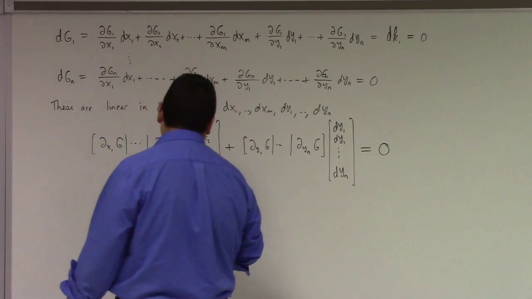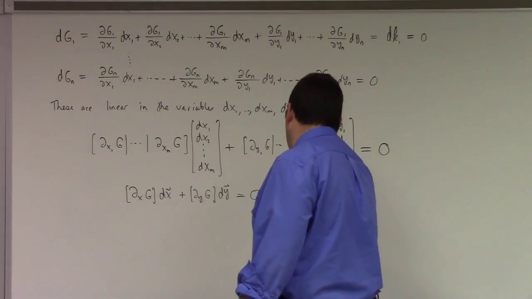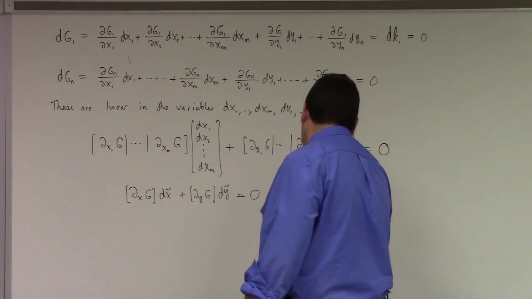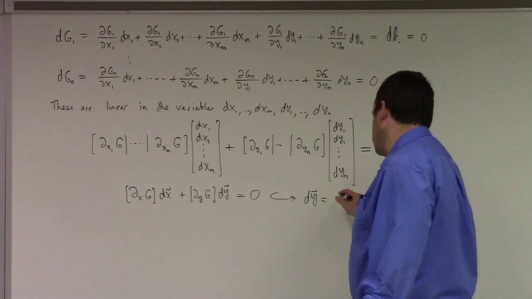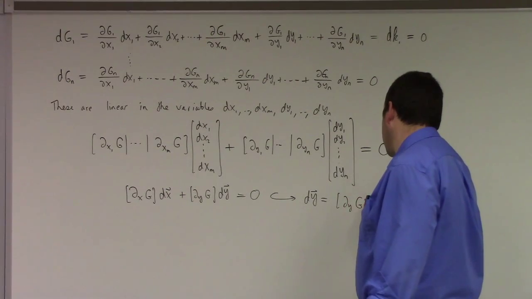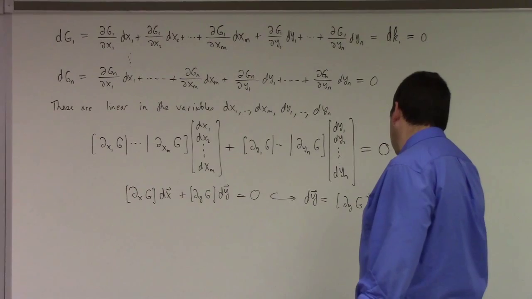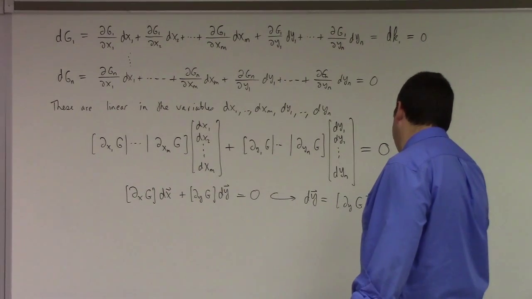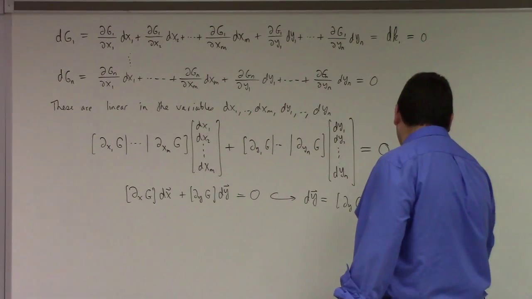How can I solve for the dy vector? The dy vector is equal to what? Right, the inverse of this matrix, whatever that's called, times partial x.